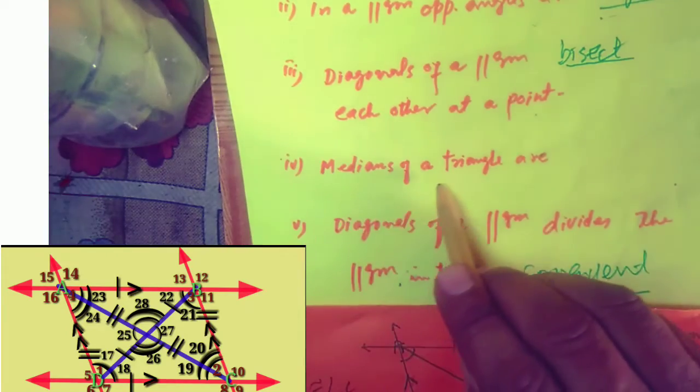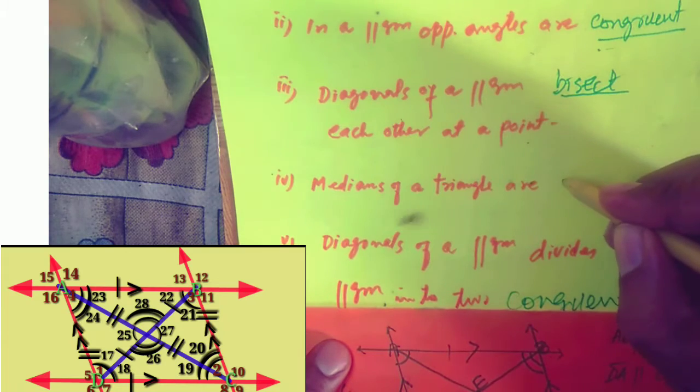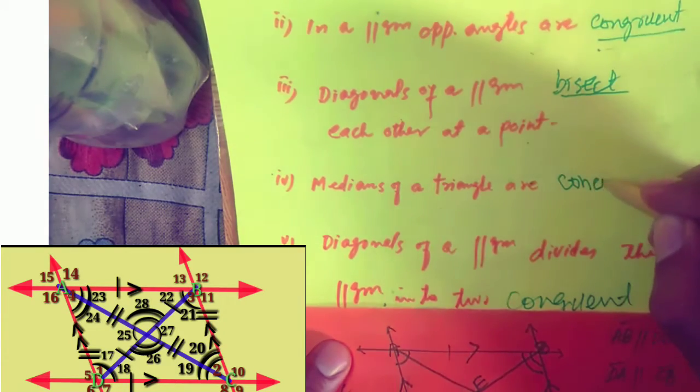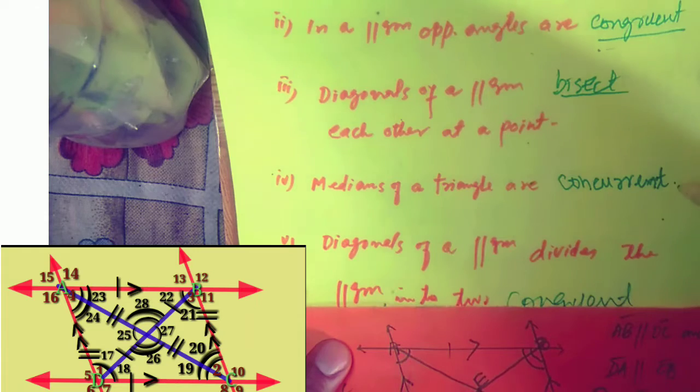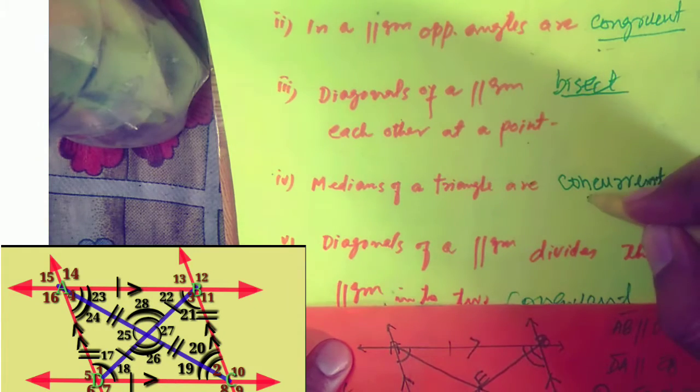At the last, medians of a triangle are concurrent. This point will be discussed next.